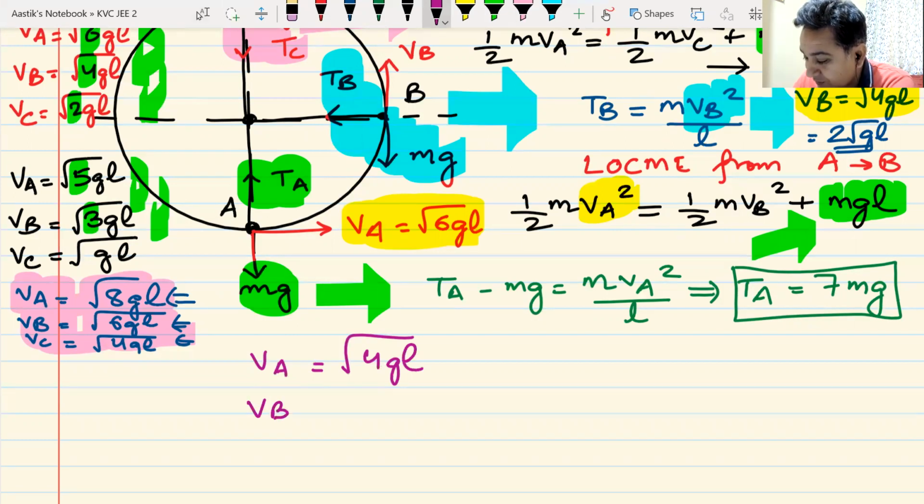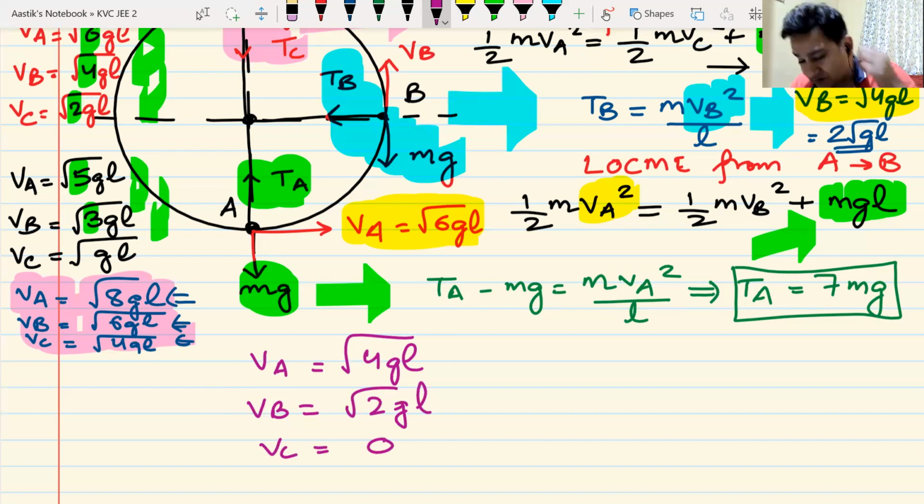What is the velocity at point B on the same pattern? Root over 2GL, sir. Velocity at point C is equal to 0.